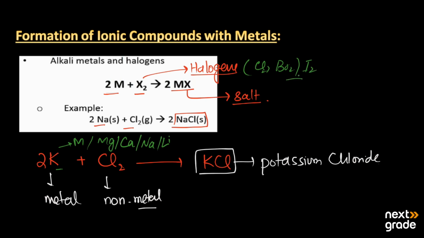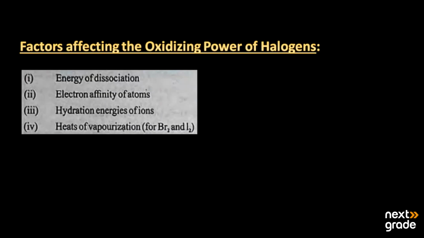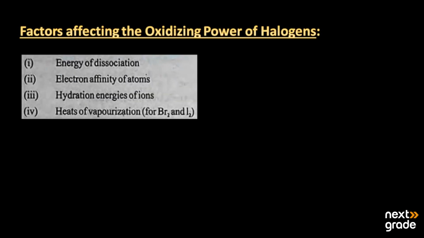Now, here are some factors upon which the oxidizing power of the halogens depends. The first factor is the energy of dissociation. If there is a bond between two fluorine atoms, two chlorine, two bromine, and two iodine atoms, what amount of energy is required to break that bond?